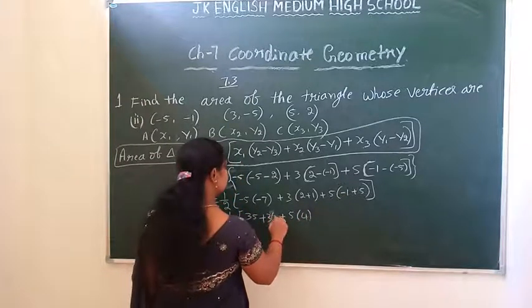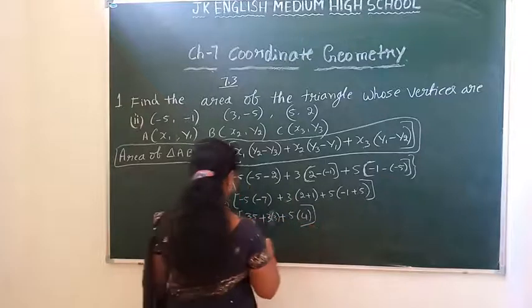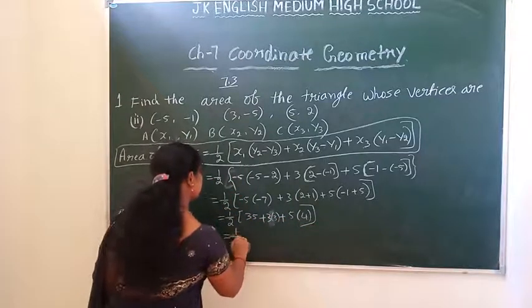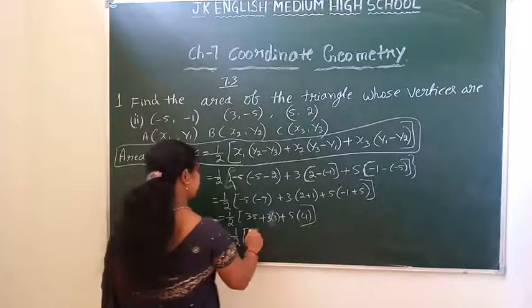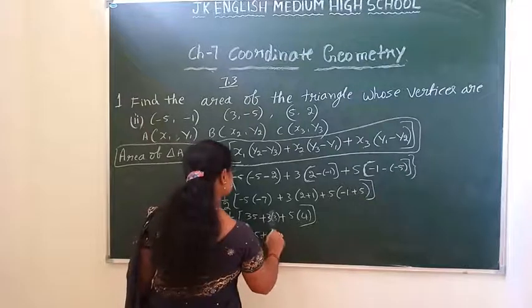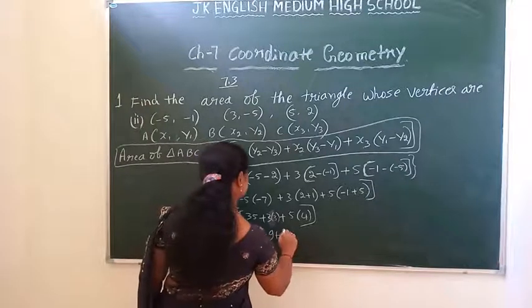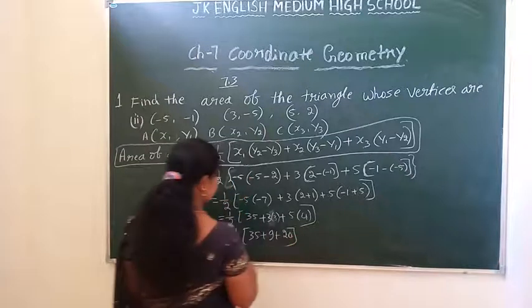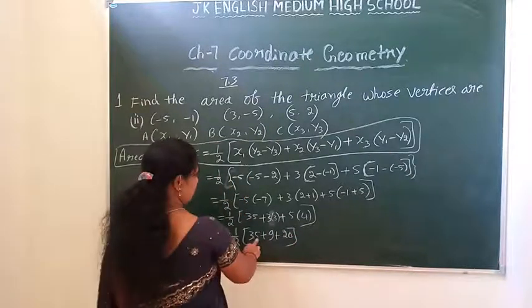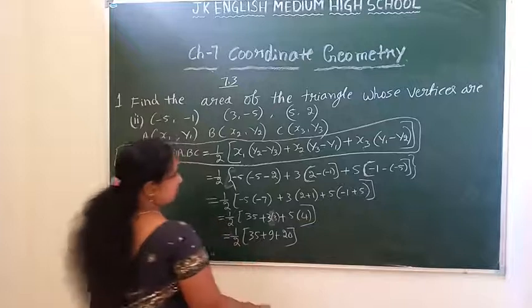3 into 3 you write first, then you can simplify. If I simplify further, 1 by 2, 35 plus 9 plus 20. So if you simplify this, 44, 54, 64 it becomes.